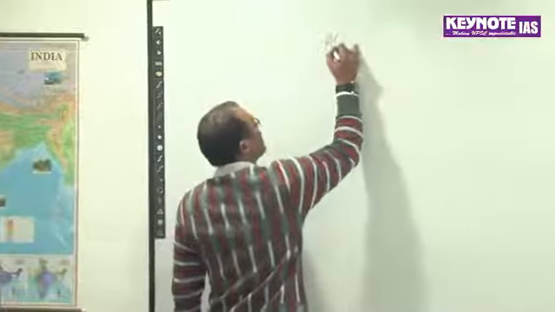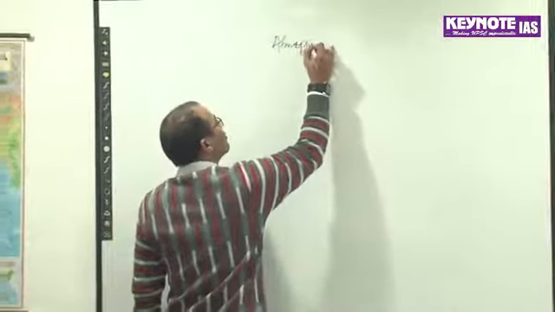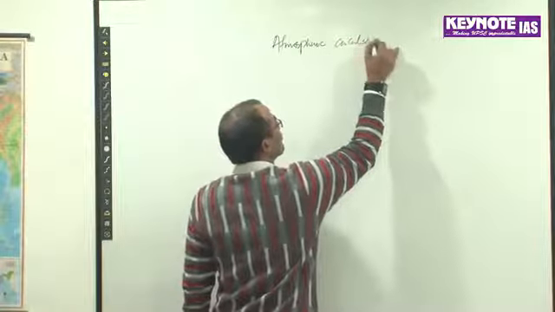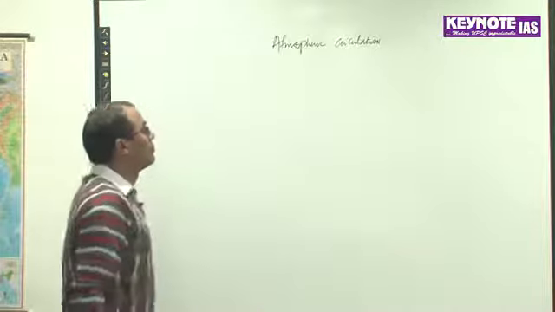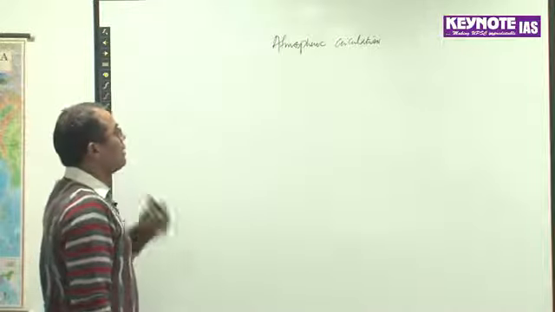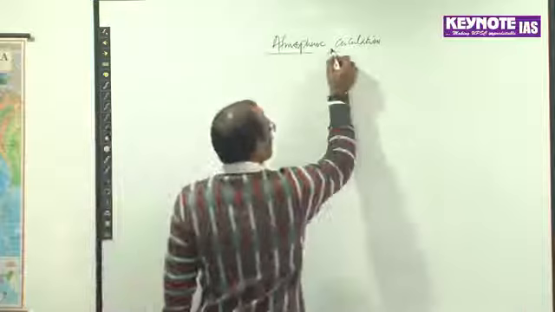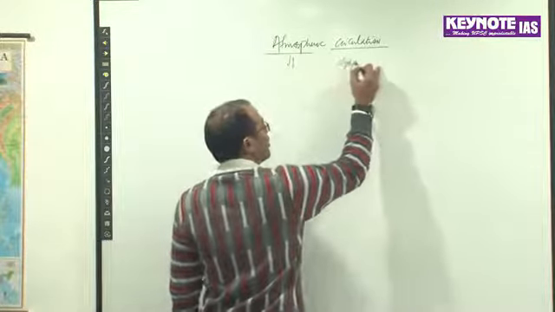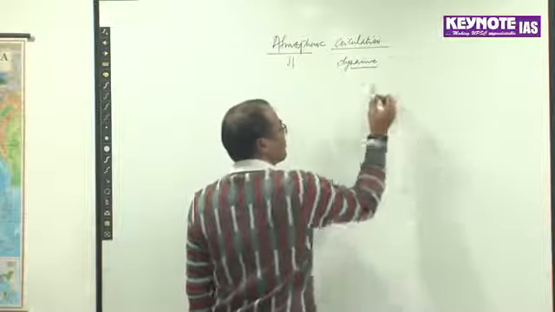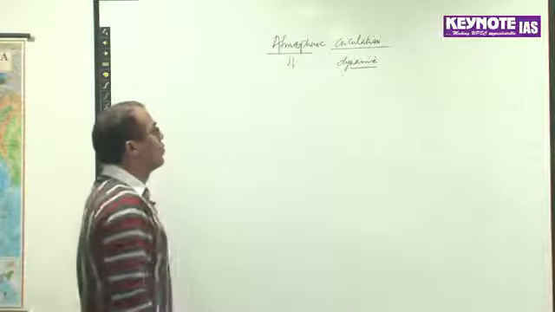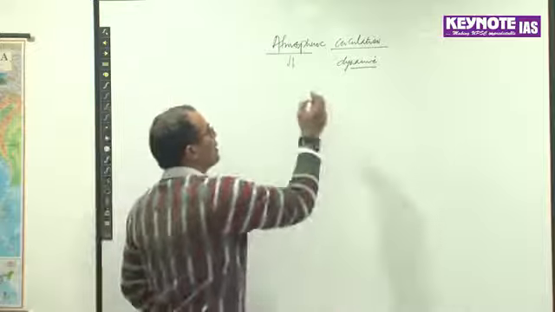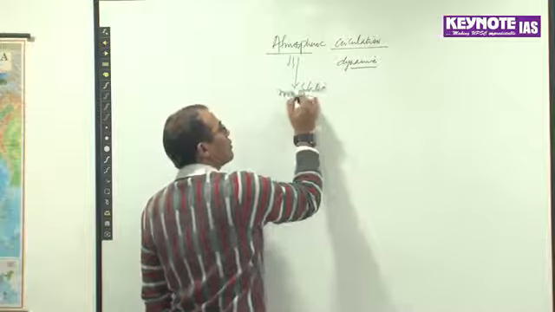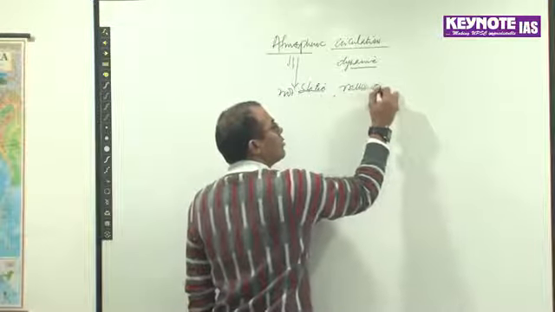Atmospheric circulation. The atmosphere circulates, that is, it is dynamic. The atmosphere is not static; rather, it keeps on moving.